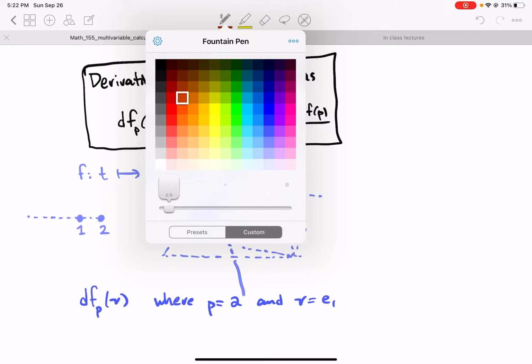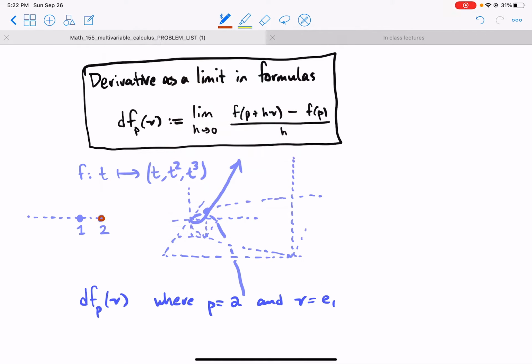So that means we're over here at the point 2, and we're going to move in the direction E1, and we'd like to know linearly, so f is this non-linear map, but linearly what will happen? And so we're going to actually move in some flat direction, not a curvy direction, but a flat direction. And we're going to see that now in this formula.